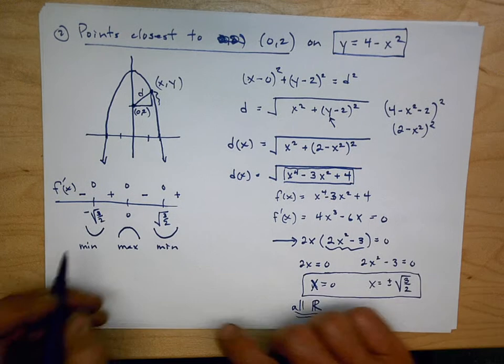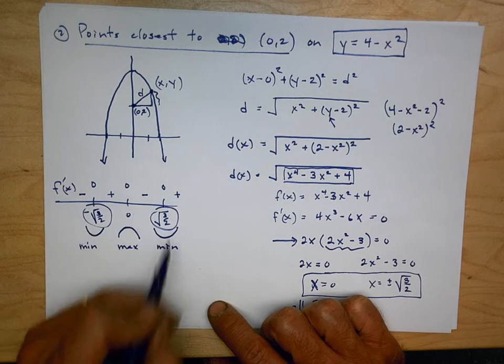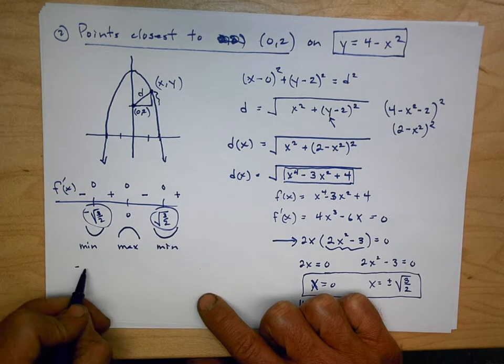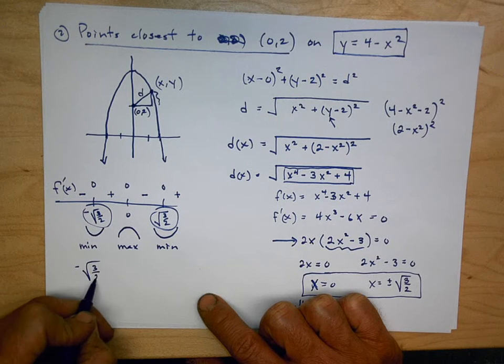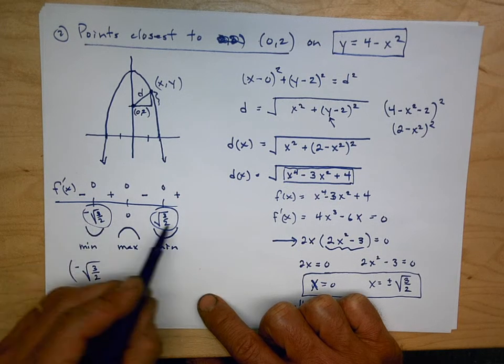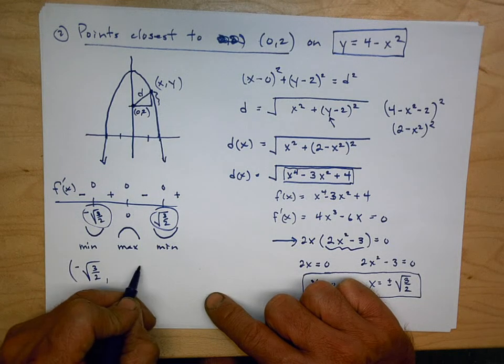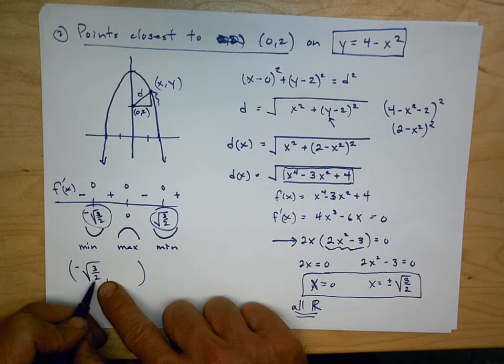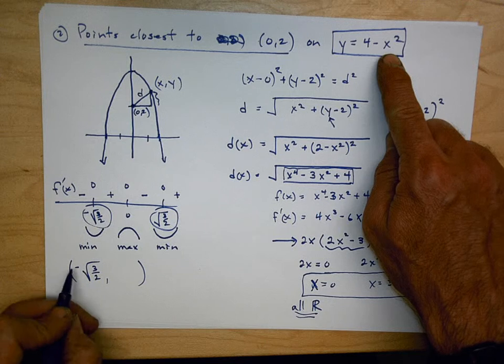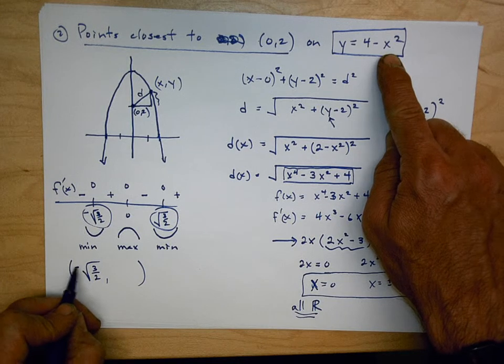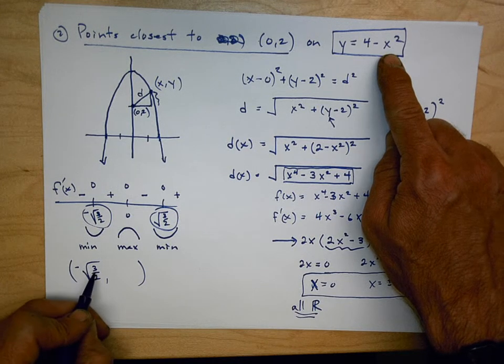So these are the 2 points, right? So I have negative square root of 3 over 2. I want to say 2 points, but they're the x values of the 2 points. So what would be our y value? Well, we would put in negative square root of 3 over 2 for x squared. When we square that, the negatives turn positive and the square root goes away, so I just end up with 3 halves.